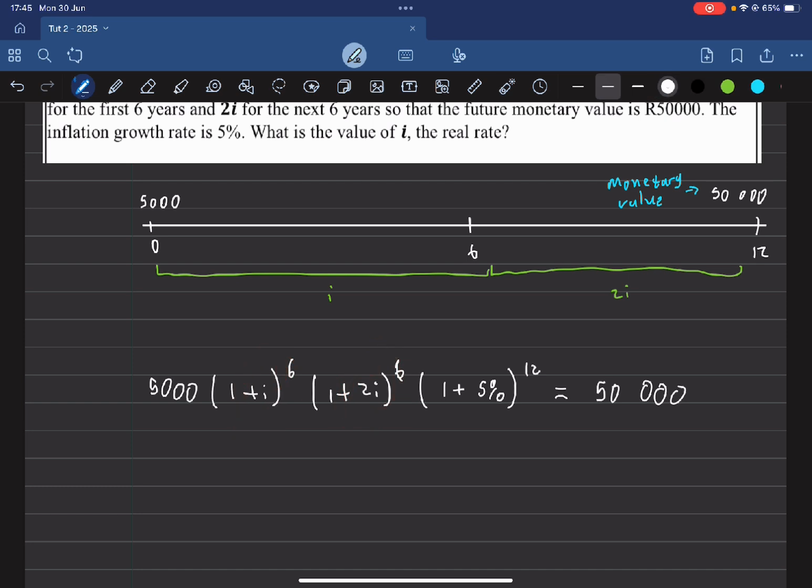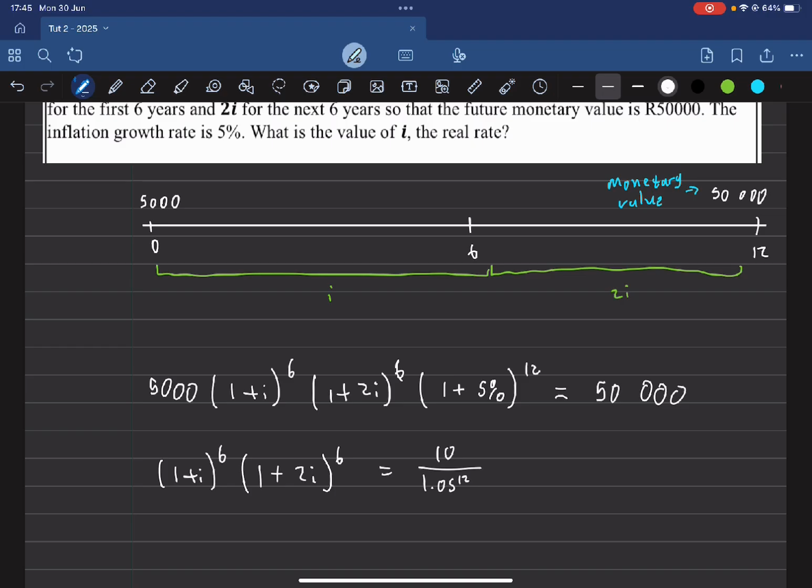So let's move all our constants to one side. So we're going to get 1 plus I to the power of 6 multiplied by 1 plus 2I to the power of 6 equals, okay, so if we divide both sides by 5,000, that'll leave us with 10 here. So it'll be 10 over 1.05 to the power of 12. Okay, good stuff.